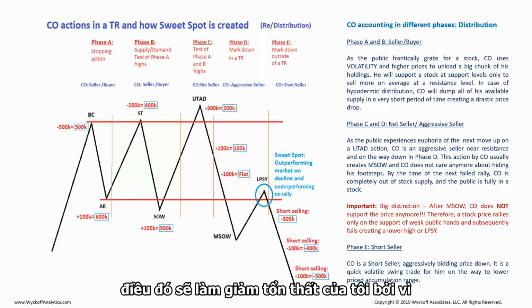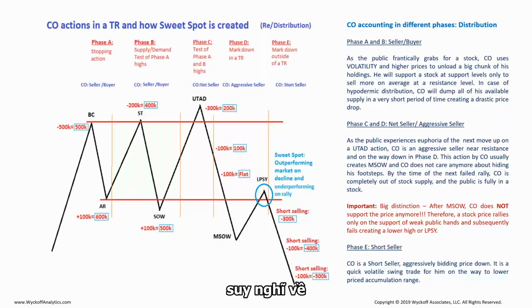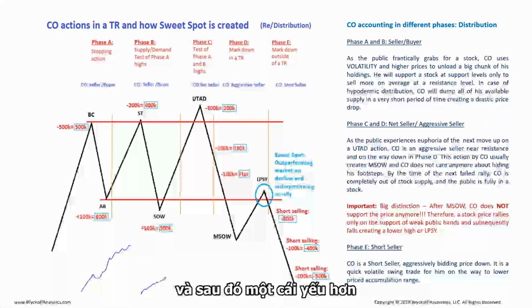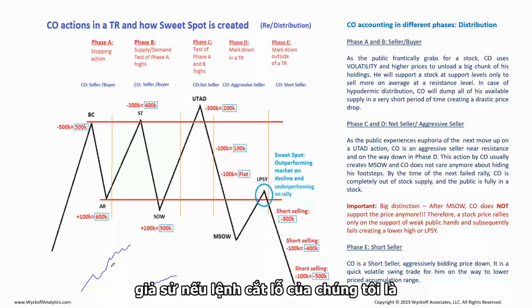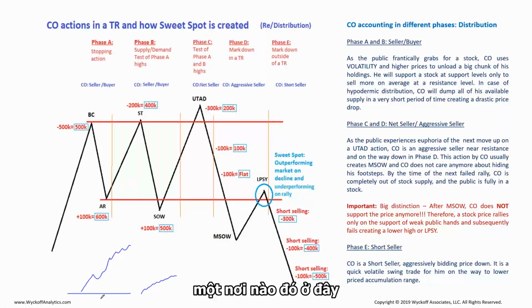diminish my losses. Because think about, let's say, the behavior of two assets. One is stronger and then one is weaker. Let's say if our stop loss was somewhere here.